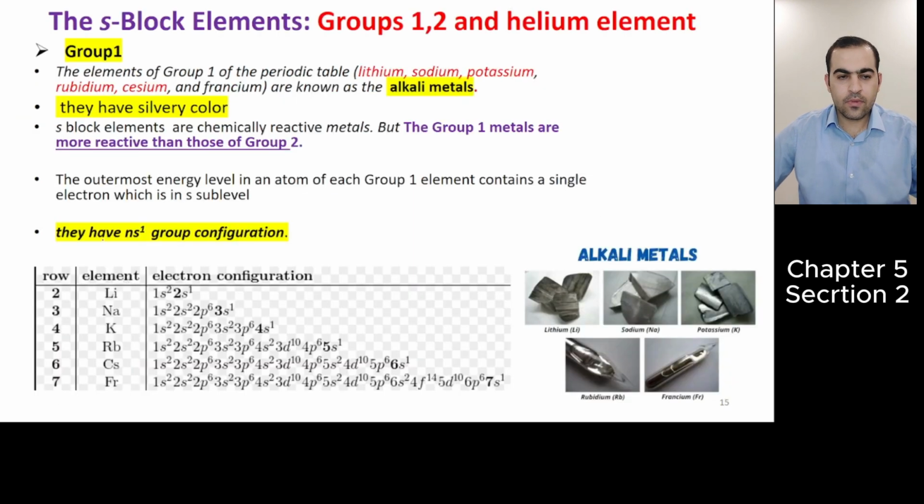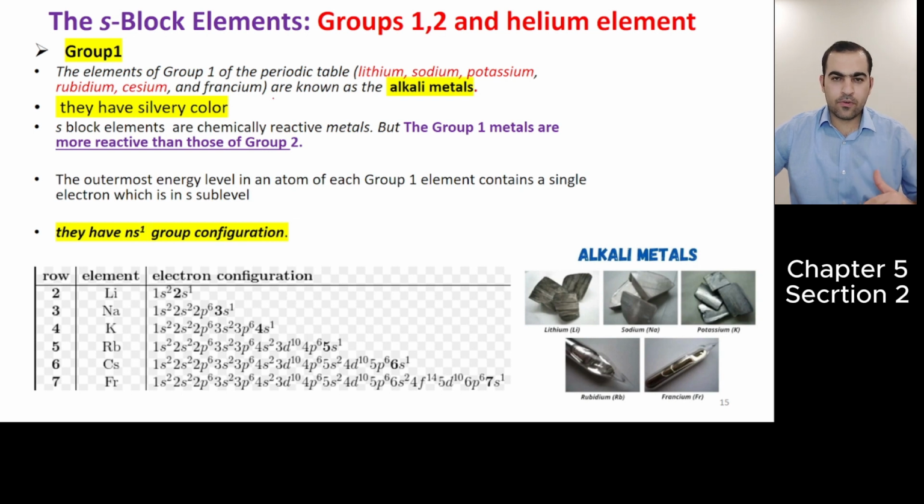Let's continue. We're going to talk first about the s block elements. S block elements are group 1, group 2, and the element helium. Group 1 elements, the metals of group 1: lithium, sodium, potassium, rubidium, cesium, francium.